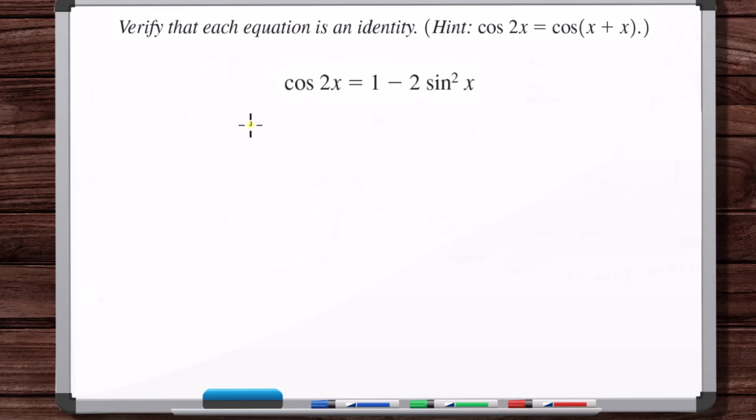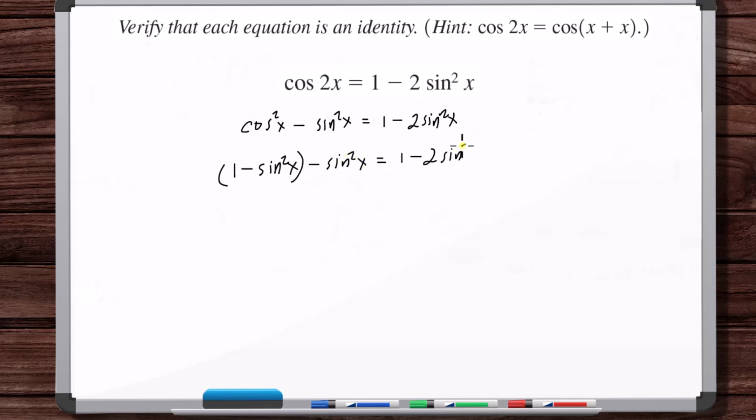So cosine squared x minus sine squared x is equal to 1 minus 2 sine squared x. Now let's change cosine using the Pythagorean identity, so we can write this as 1 minus sine squared x. That's cosine squared minus sine squared is equal to 1 minus 2 sine squared x. So simplifying, there you go.